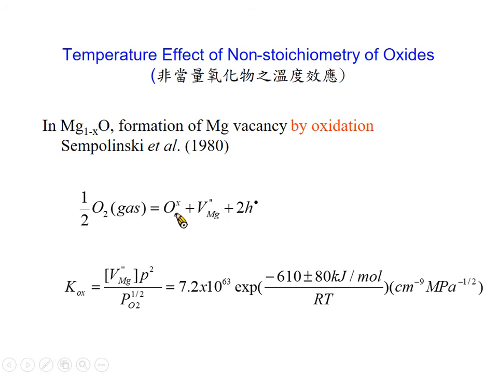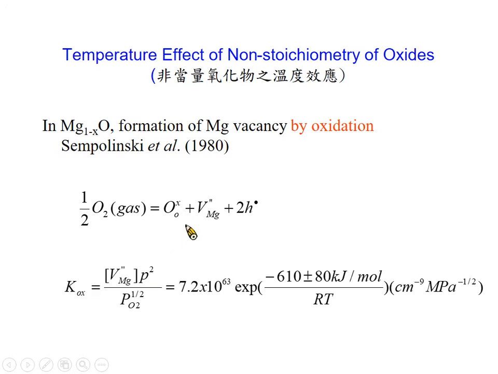So the oxygen will occupy the lattice site and create a magnesium vacancy with a 2 minus charge, and it gives off 2 holes. So we can write the oxidation reaction rate constant as this one.